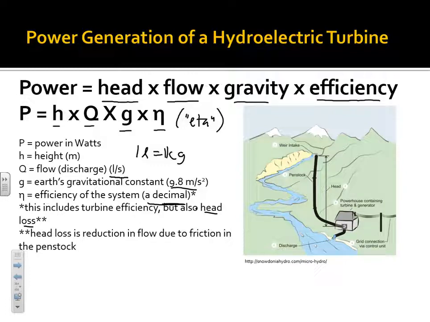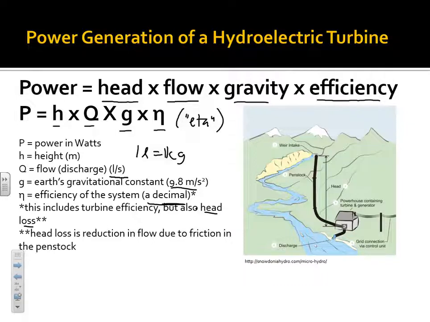When you're designing a system, you actually have to do a calculation, which we're not going to do here. You look at the size of your penstock. So if you're using a microhydro system, like a 4-inch PVC versus a 2-inch PVC, you have to look at the diameter. You look at how long it is, and you also have to look at how many twists and turns or elbows you put in it.